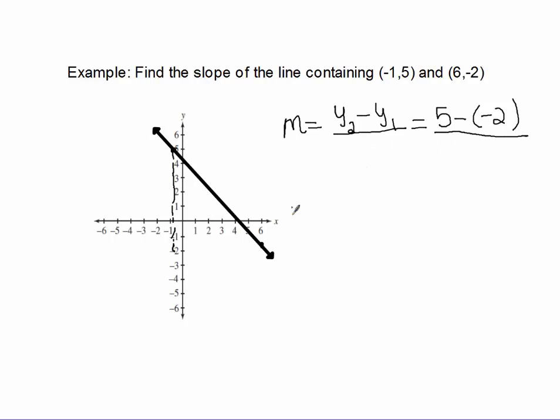And now we're going to find the distance between the two x's. Since I started with 5, I need to start with -1 in the denominator. The order really doesn't matter, as long as if you start with the y-coordinate of the first point, then the x-coordinate in the denominator is its corresponding x.